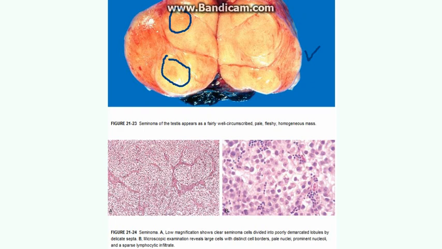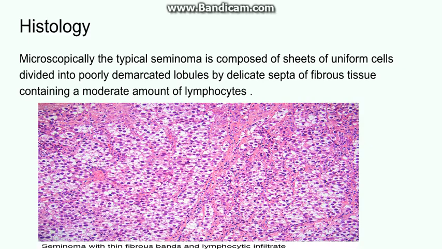Now going to the microscopy, that is the histology. The typical seminoma is composed of sheets of uniform cells. Here we can see numerous septa, and there are seminomatous cells inside this.